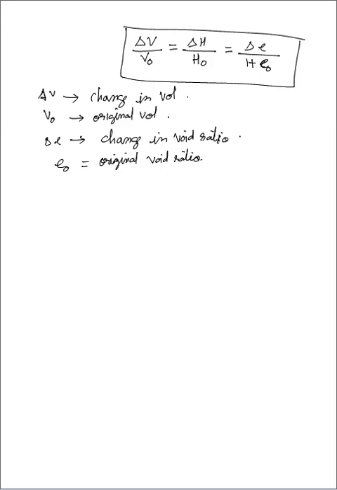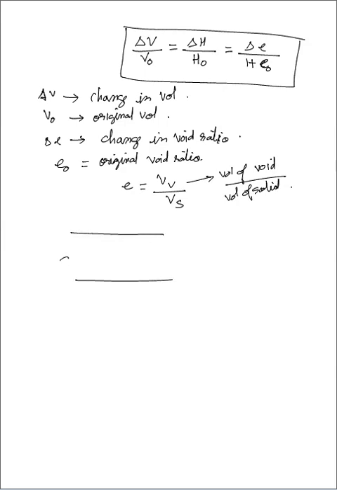We know void ratio basically E is Vv upon Vs, volume of void upon volume of solid. Whenever this is, suppose, a soil sample, it will be having some voids also, and this is your height.